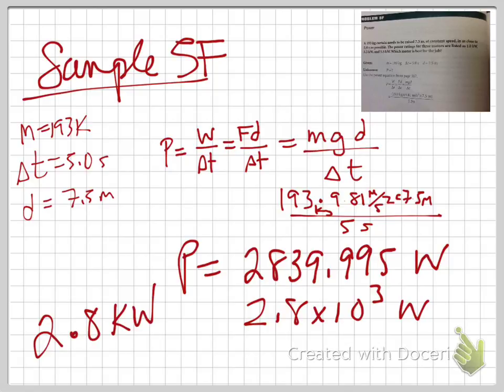I don't have a 2.8 kilowatt motor. My options are 1, 3.5, and 5.5. So the 3.5 gets you pretty close. The 1 kilowatt motor isn't going to lift it fast enough, and the larger 5.5 kilowatt motor is going to go too fast. So the 3.5 is the one you would want to use.